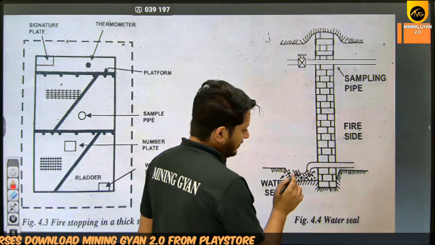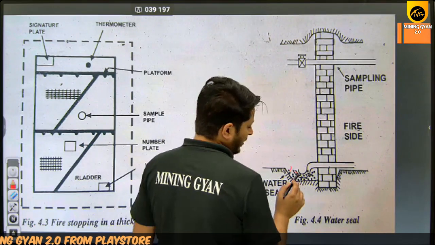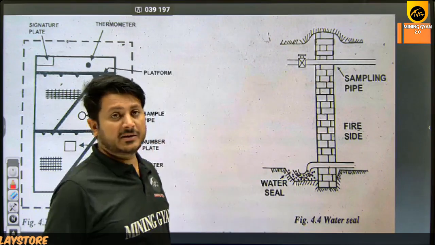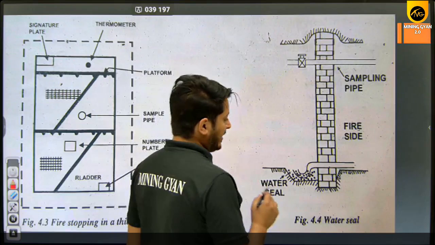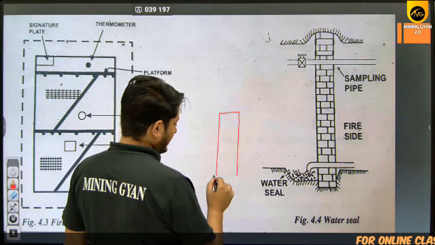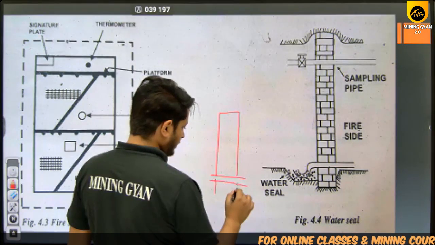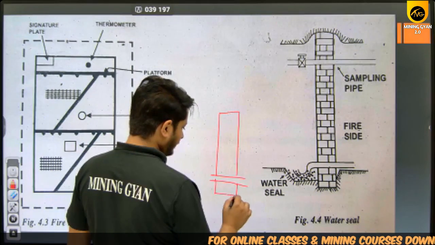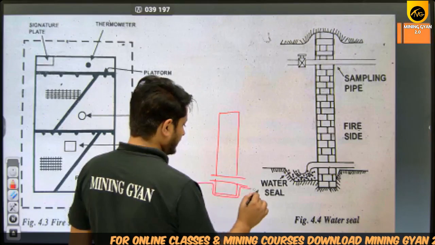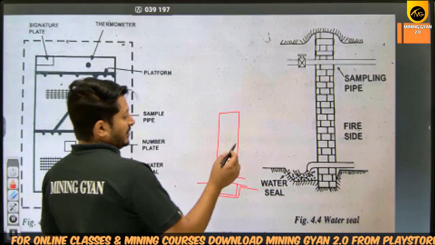Suppose that if I will not fill water over here, or I will not keep it in U shape, then in that case what will happen? Suppose that this type of arrangement I have made, then what will happen in that case?